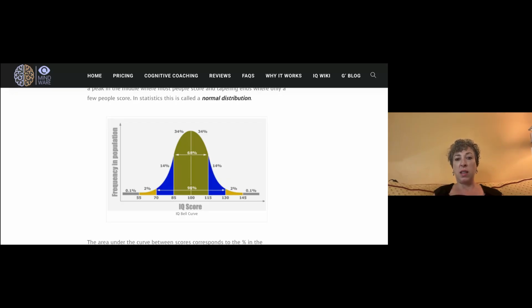That does not exist. The highest percentile a child can achieve is the 99th percentile. And that means that they performed better than 99% of all the peers their age who took the same test. So you cannot do better than the 99th percentile. That is the best there is.